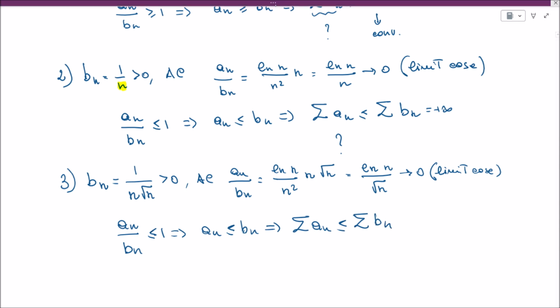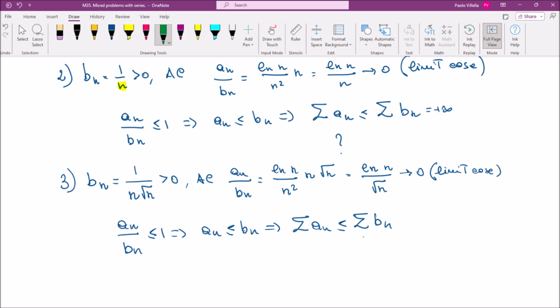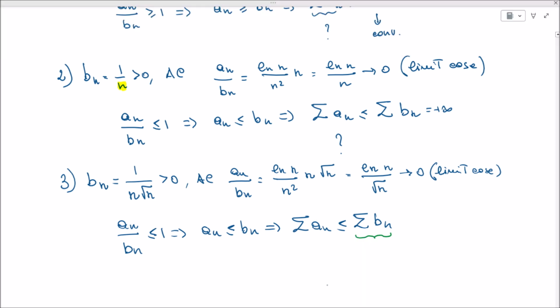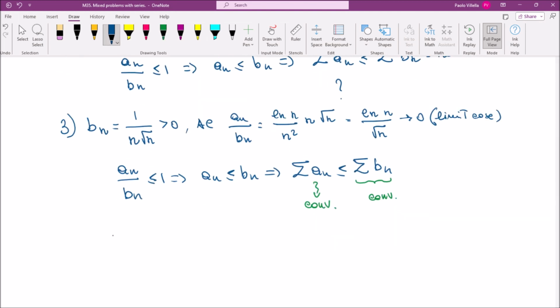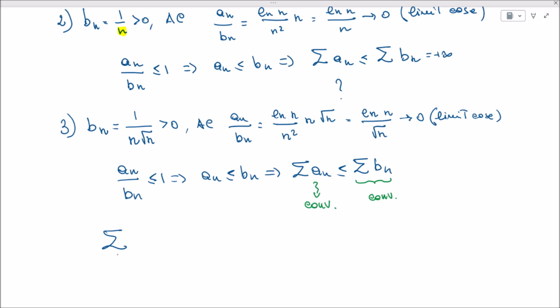But now the good news is that the sum of this series is a real number. So this basically is convergent, and this implies that this will also converge. Now, to prove the fact that the sum of bn is convergent, let me rewrite this. So we have the sum, n goes from 1 to infinity of 1 divided by n square root of n.